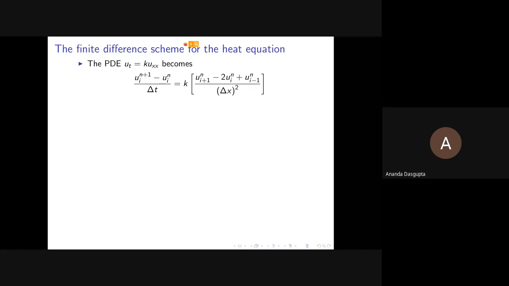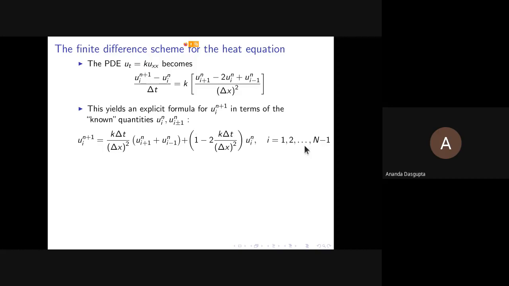Everywhere else, no problem. Which is why you also need boundary value specifications to say what happens at the boundary. This will work for all points in between. This will not work at i equal to 0 and i equal to n minus 1. Those are the 2 points. It simply won't work because you cannot calculate the right hand side for those points using this equation. But I don't have to worry about that because the boundary values will take care of that.